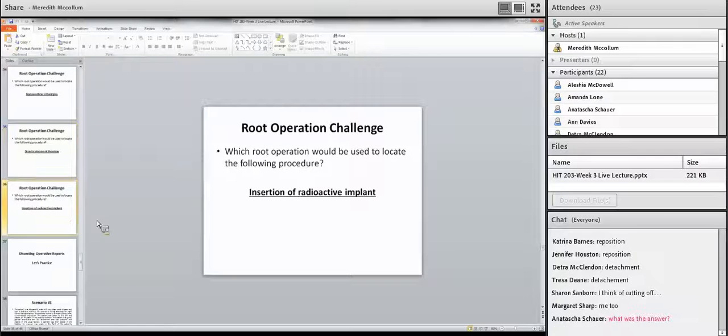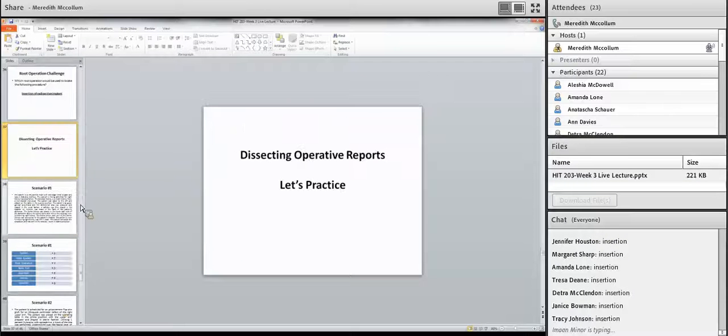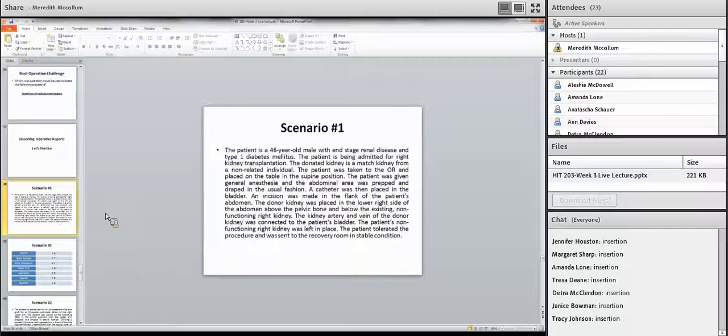So, insertion of a radioactive implant. Oh, so what's the answer? It's detachment. I'm sorry. And yes, it's insertion. Okay, well, I definitely want to cover everything. So let me ask you this, for the anatomical regions, what can I do to help explain something?